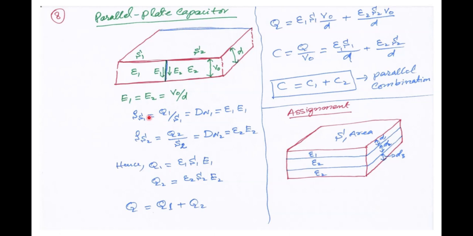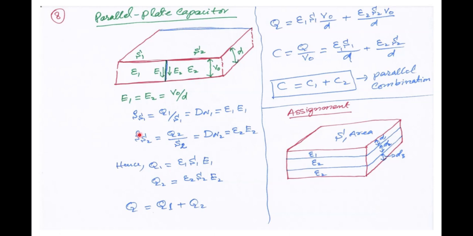Now let us apply the boundary condition at the interface between the conductor and the dielectric material. So rho S1 is equal to Q1 divided by S1, and we know that rho S1 is equal to D N1 in material 1, and D N1 is equal to epsilon 1 times E1.